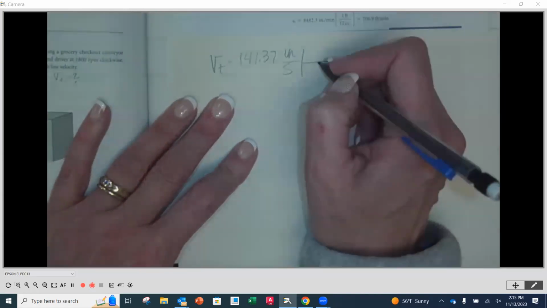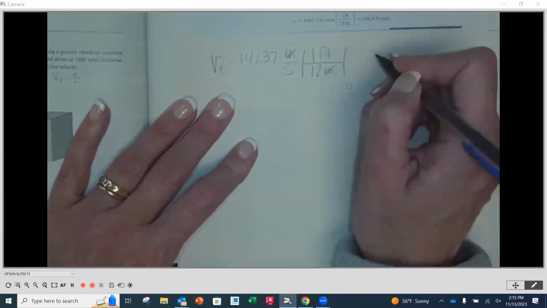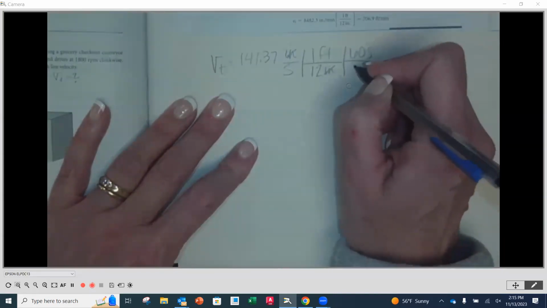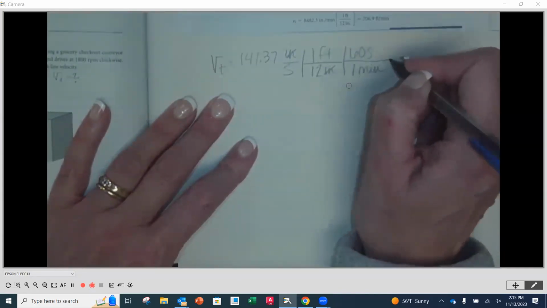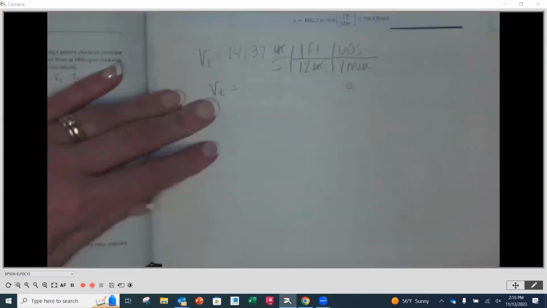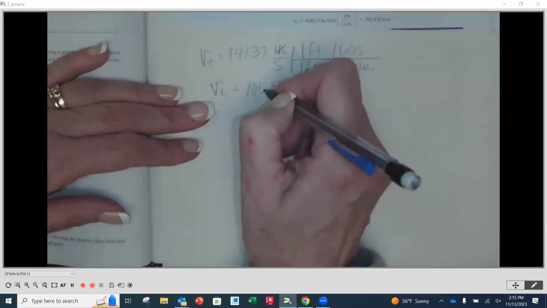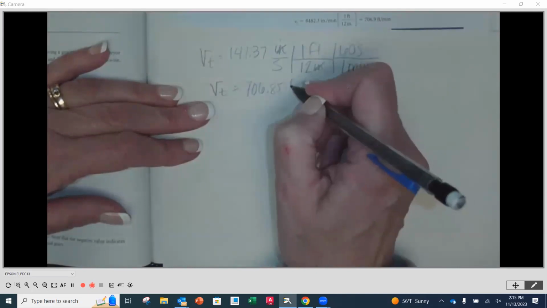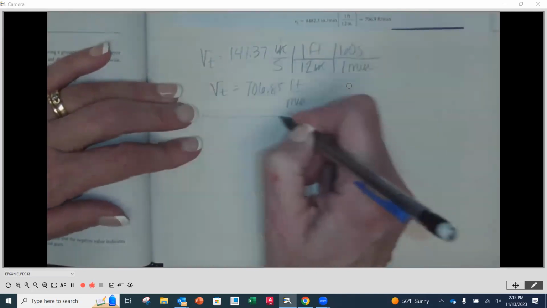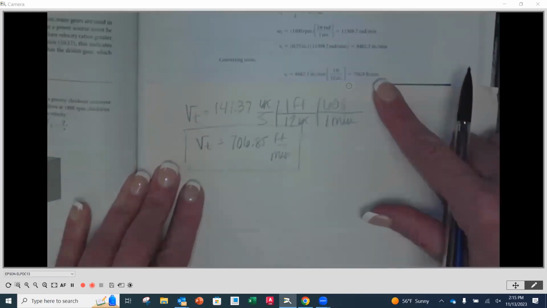I'm going to convert that with 12 inches in 1 foot and 60 seconds in 1 minute. So my straight line velocity is 706.85 feet per minute, and that matches what they have in the book.